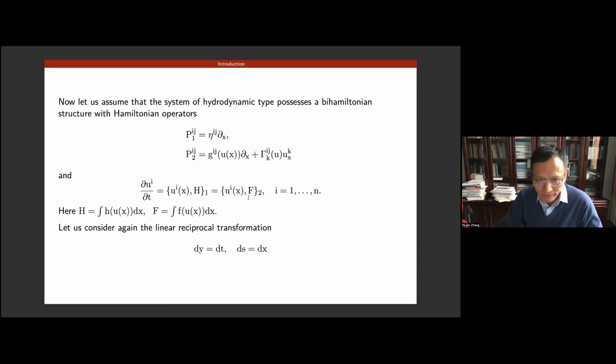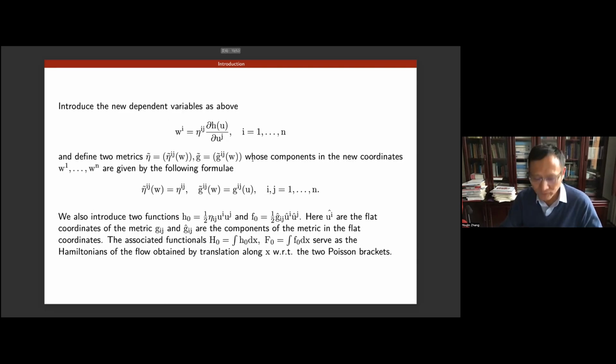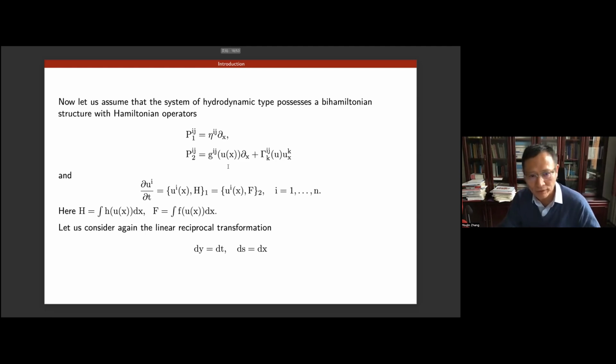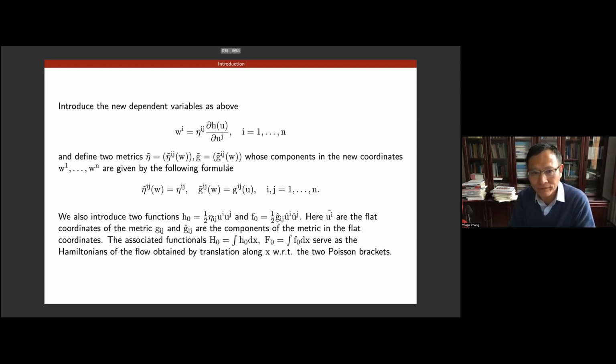Then this system again, of course, can be written as, after this linear reciprocal transformation, we need to know whether this transformed system still possesses a bihamiltonian structure. And this is again true: if we introduce the new dependent variables w^i, we can introduce two flat matrices, eta tilde and g tilde, in terms of the original ones, eta^{ij} and g^{ij}.